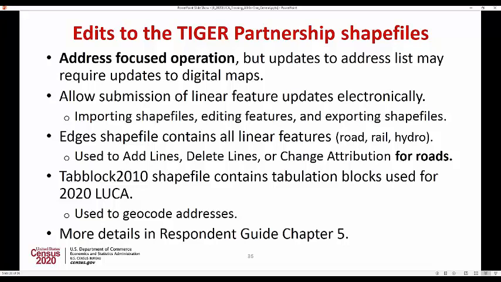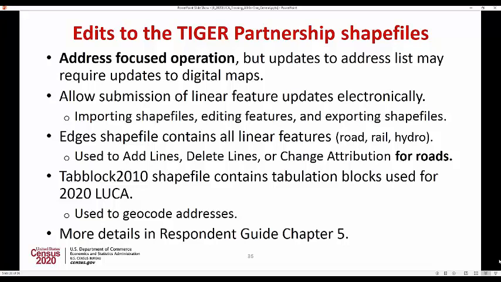And we call roads edges. And railroad lines are considered edges. Rivers, streams are considered edges. But the only thing that we would take in the edges file would be new roads, and we'd like the new names of those roads also, so we can geocode those.